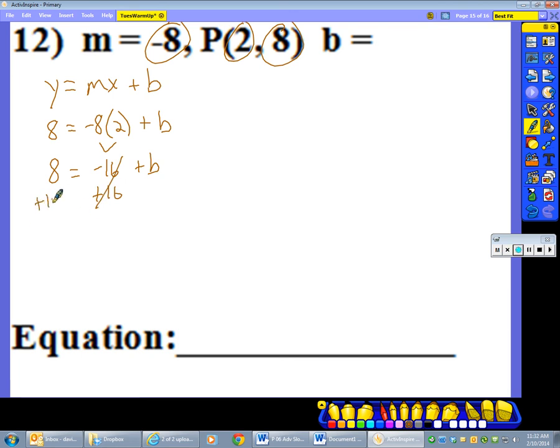So I'm going to add 16 to both sides. And a positive 16 plus 8 is going to be a positive 24. So what I'm left with now is b equals 24. My y-intercept is 24. So my last equation for part 1 is y equals, let's see, negative 8, because that's my slope, x, and my y-intercept is a positive 24. And that's it, number 12.